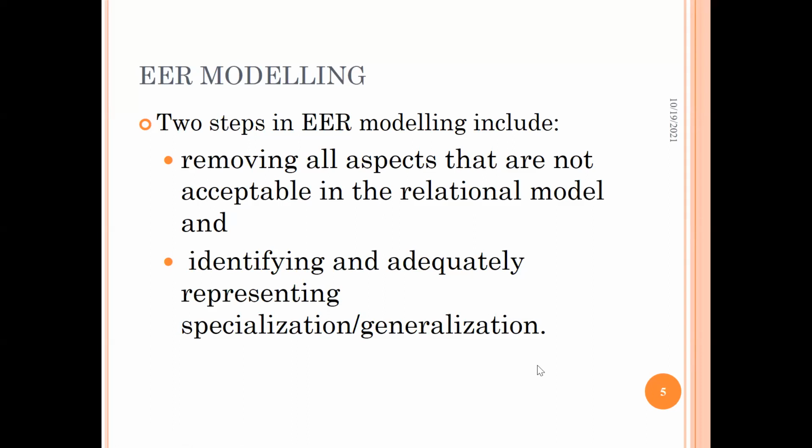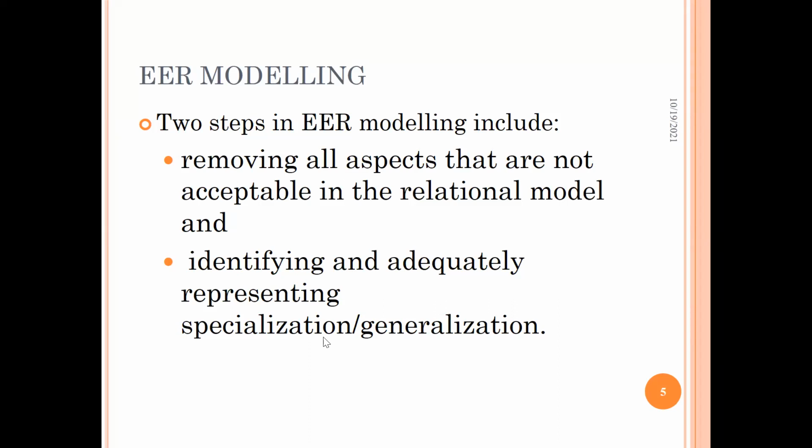So we are going to look at certain aspects within the ER model that are not acceptable. And it is imperative that these aspects are dealt with before you proceed into your logical design. Of course, they can be dealt with at the logical design level, or you can decide to deal with them at the conceptual design level.